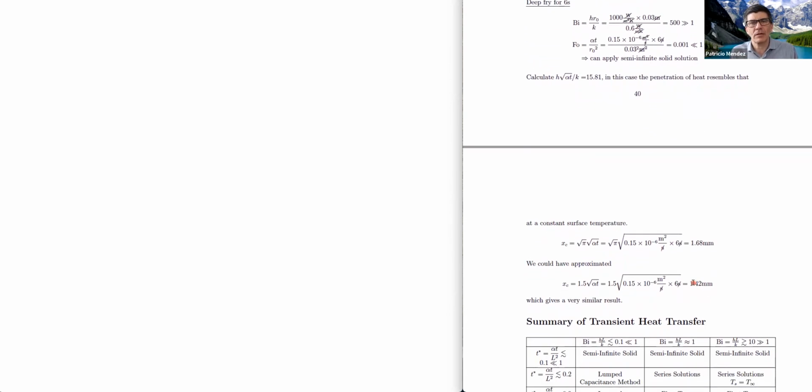Because the Biot number is so high, we're going to use the model of the constant surface temperature, which actually is convenient because it's the simplest one.